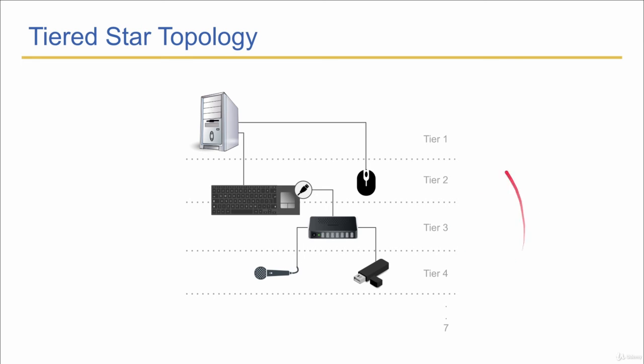So again, please notice that the root hub is considered 1 tier, and you can have up to 7 tiers. Now we are familiar with the phrase USB function, so just let me show the same figure but in a bit more detail to see the functions of these devices.